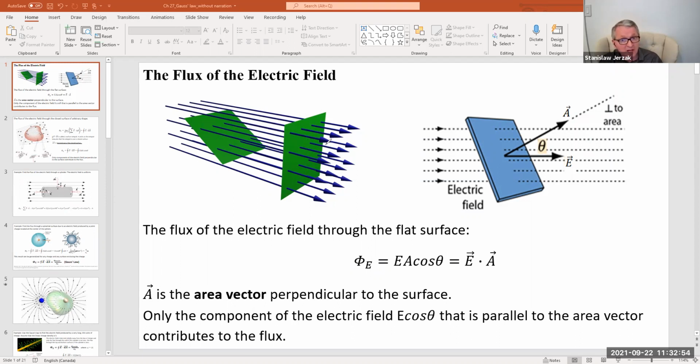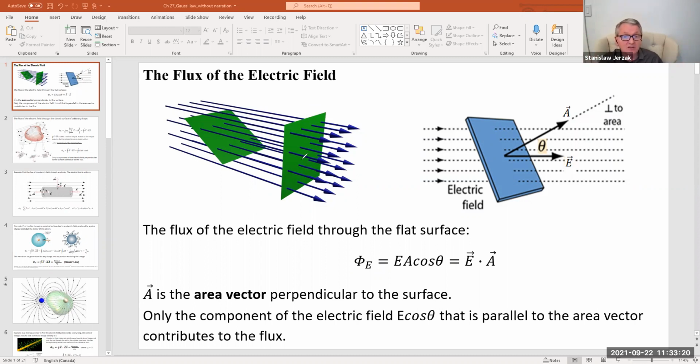So the more of these lines of electric field, the stronger is electric field. And then, of course, the flux of that electric field will be large if electric field is strong. But then that flux of electric field through this area will also depend on the size of the area. When the area is larger, then of course more of that electric field will pass through that larger area.